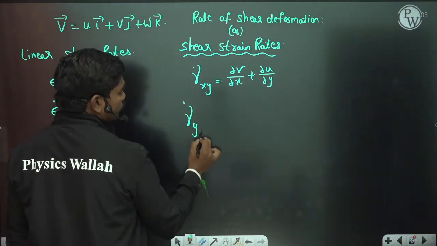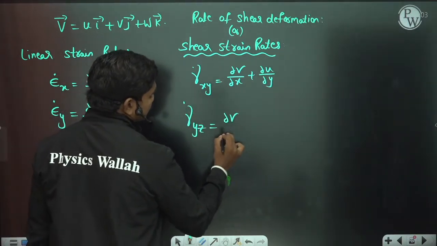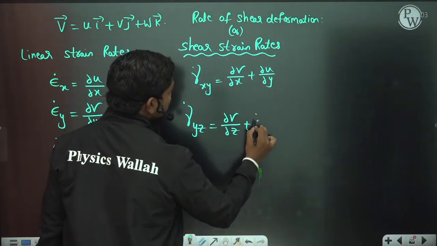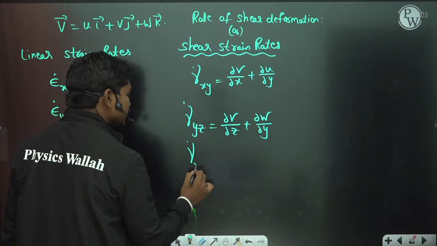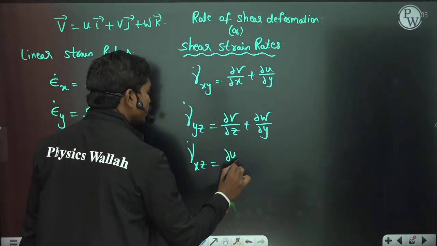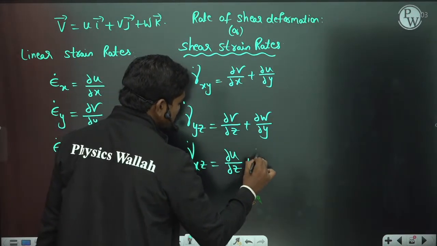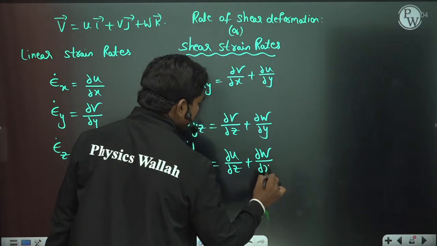Similarly, gamma in the yz plane is given by dou v by dou z plus dou w by dou y. Shear strain rate in the xz direction is given by dou u by dou z plus dou w by dou x. These are the components.